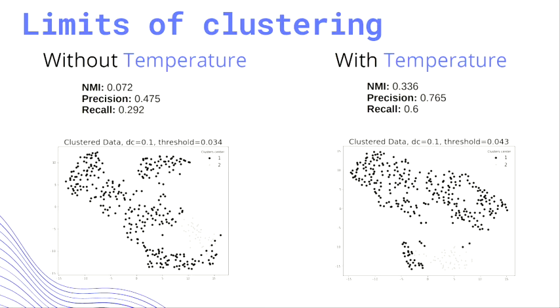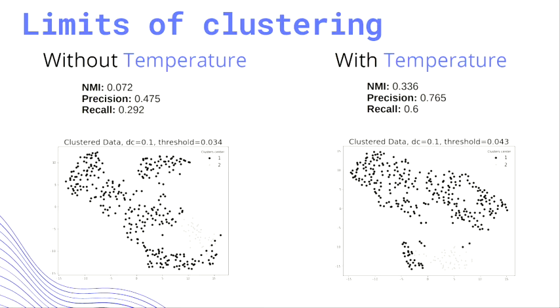In the second one, the dataset with the temperature, an NMI of 0.3, which is a huge improvement.